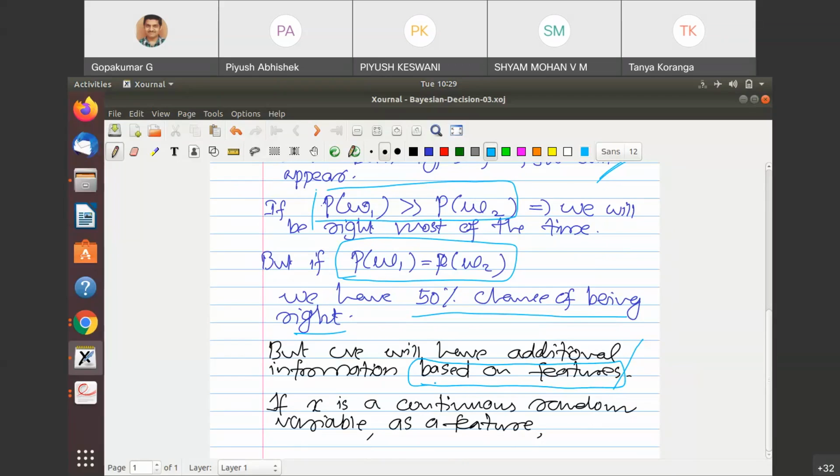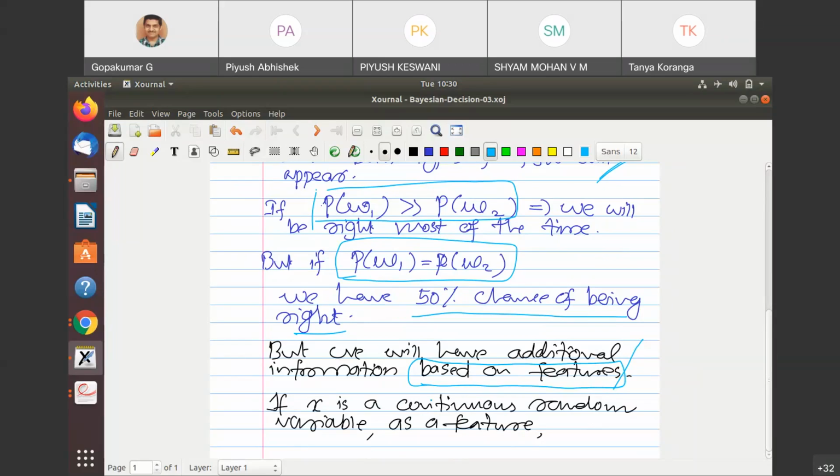If we have additional information based on these features, then that will overcome this drawback of using a single probability. So, in decision theory, we will see how to use additional probability values.